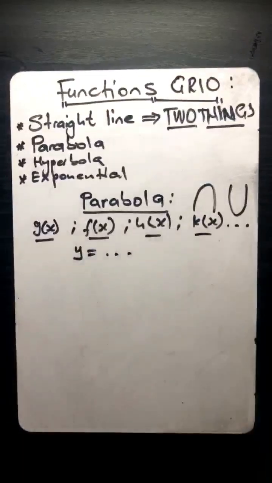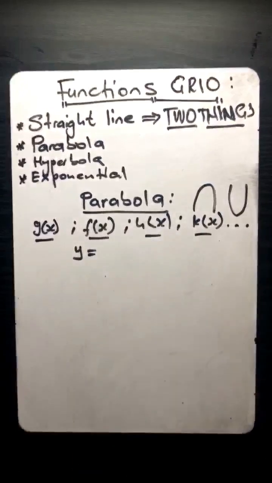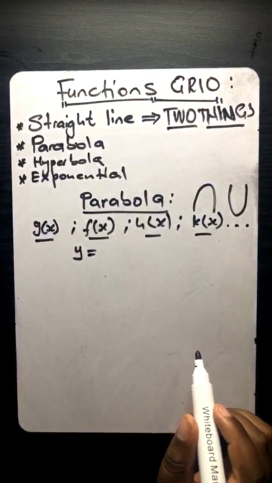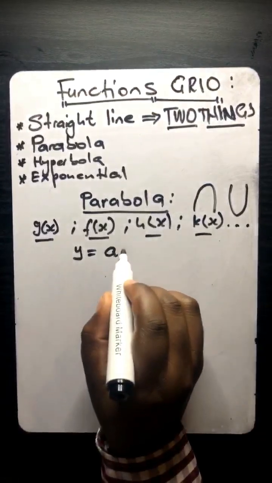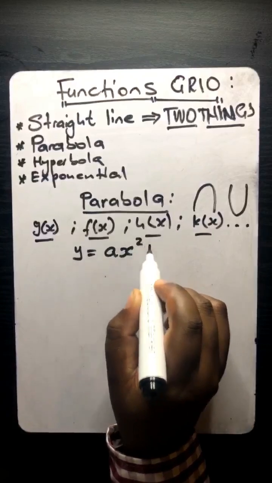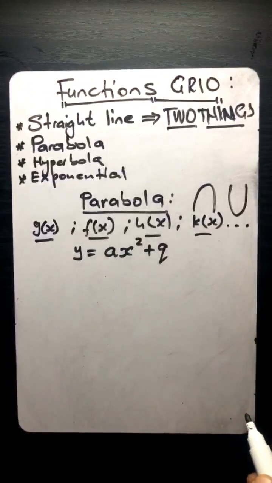So now the general formula of a parabola is y equals to, let's say, ax squared plus q. This is for you guys in grade 10.